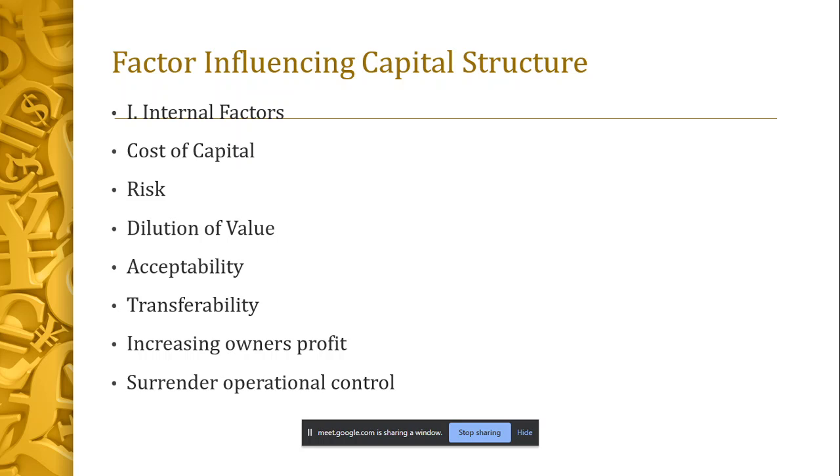Then the next one is surrender of operational control. That is to say, when there is equity stock, it results in an increase of operational control in an enterprise.